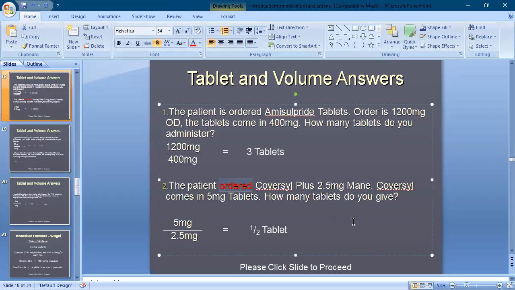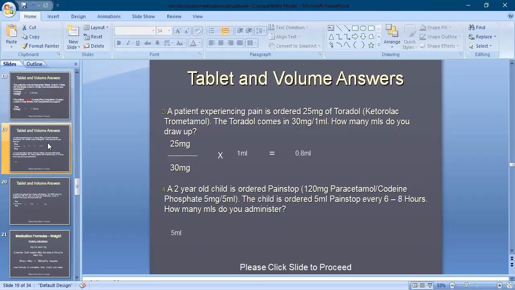So tablets equal the dose I've ordered over the medication in hand. And here the patient is experiencing pain, ordered 25 milligram Toradol, which is ketorolac, a pain medication. The Toradol comes 30 milligram per ml volume. So 25 is the order, 30 is in hand, multiplied by the volume.